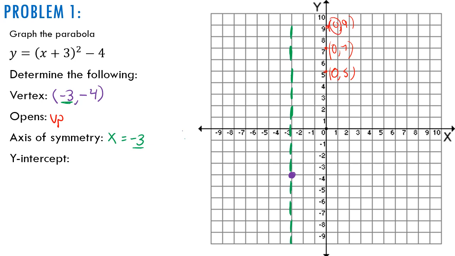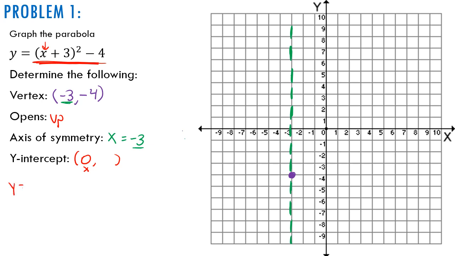They all have a 0 for the x. So the x value for a y-intercept is always going to be 0. If I know what the x is, I can always find the y by plugging it into the equation. Since the equation equals y, if I plug a 0 in and do the math, it's going to tell me what y is.